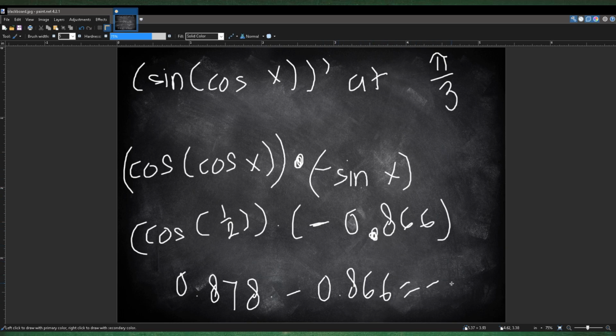So we have negative 0.76 approximately for our slope. So the slope of sine of cosine of x, the derivative at pi over 3, is negative 0.76 approximately using your calculator.